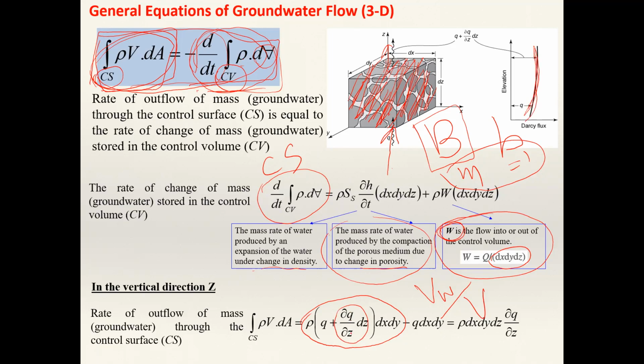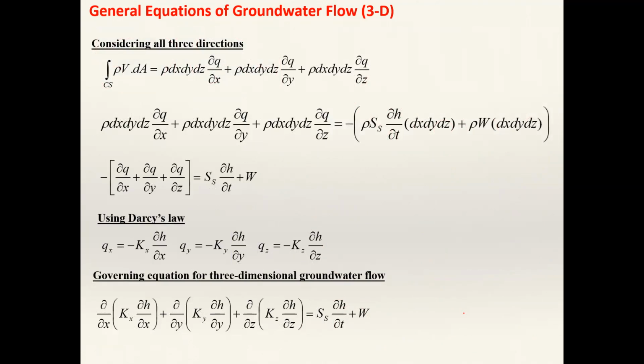So this gives you the mass flow rate through this control surface on the top. And this one gives you the mass flow rate through the control surface at the bottom. So now we are talking only about the Z direction, so we can write it like this when we simplify it. Then the same equation we can write for the other two directions.